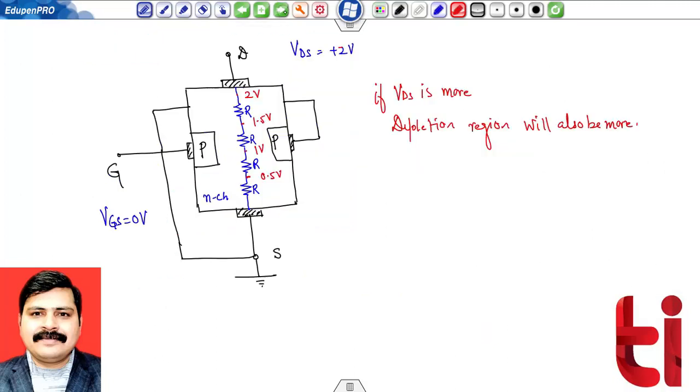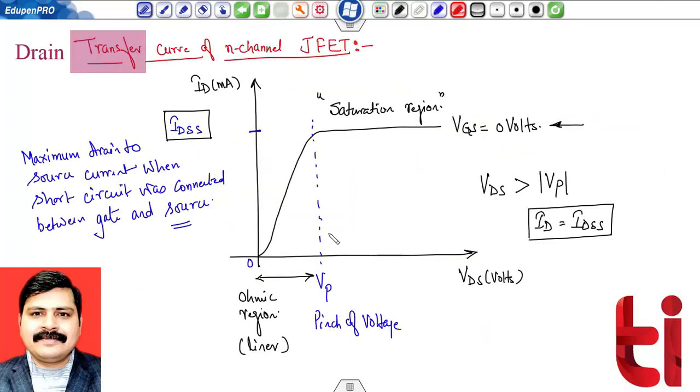In this situation, I will explain with this curve. This saturation level will be achieved at a lower value. That means I will have a drain current and I will have this saturation level somewhere over here, when VGS is connected to -1 volt.